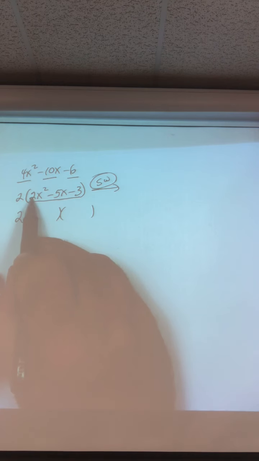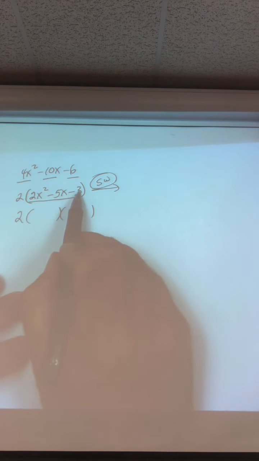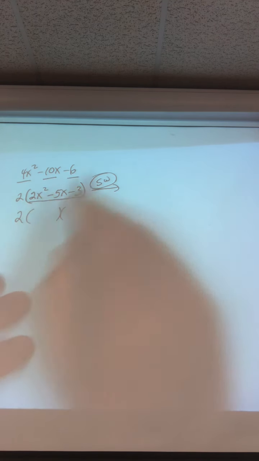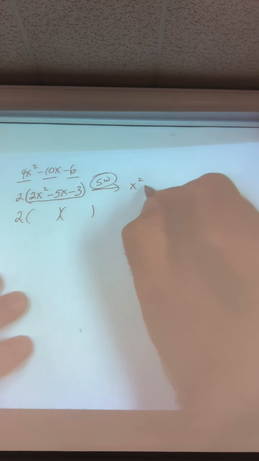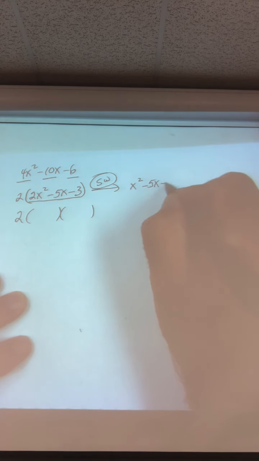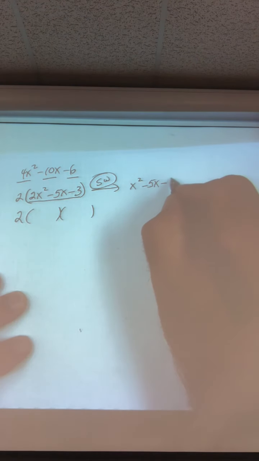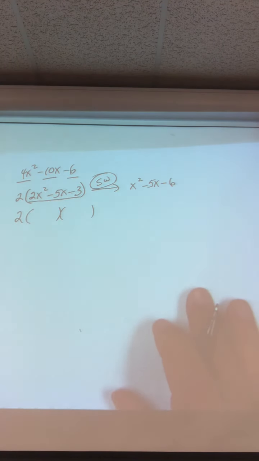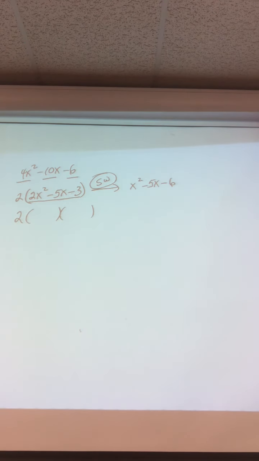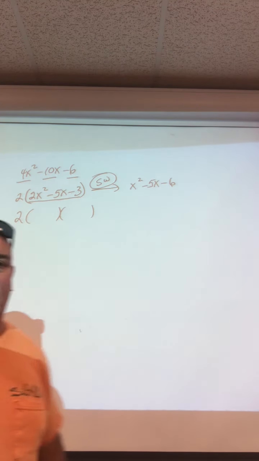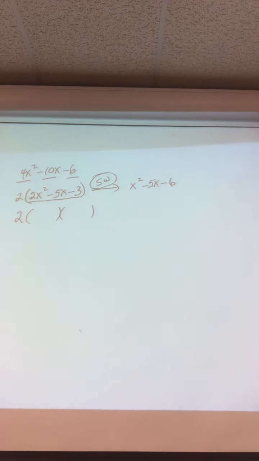Take the number that's in front and multiply it by the number that's on the end. So leave the x squared minus 5x the same, and then minus, now 2 times the number on the end gives me 6. When I do that, I have a completely new problem.